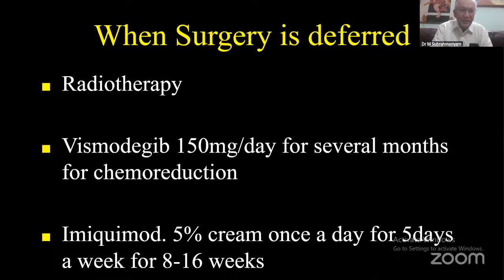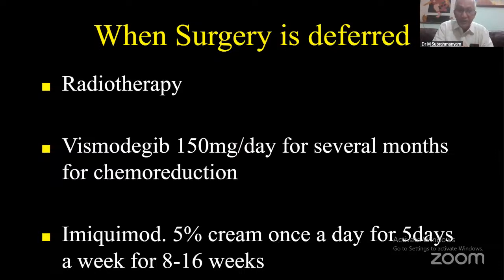When is surgery deferred and you are not able to do surgery? For most of the lid malignancies, the first option is surgery. But there are conditions where surgery cannot be done, either because of the size of the tumor or because of the general condition of the patient.